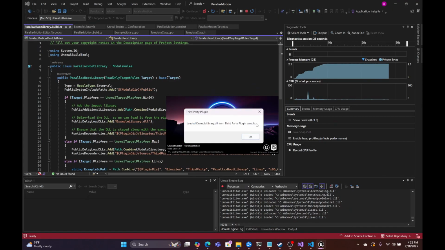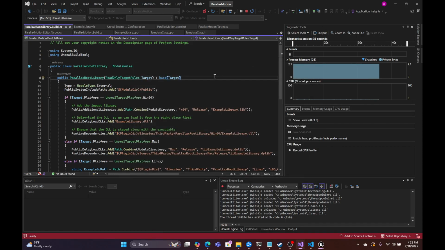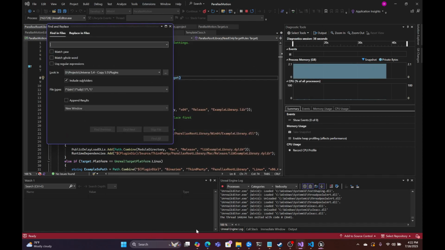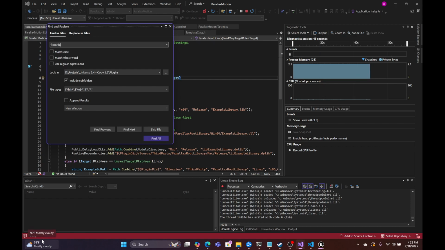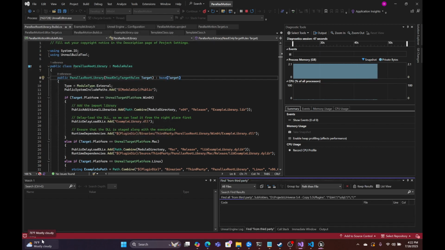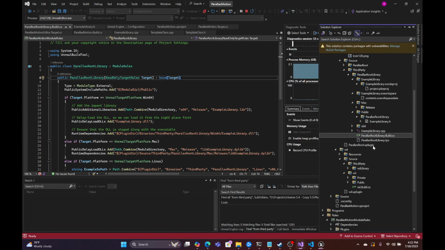Yeah, here it is. Okay, so loaded example library DLL. Or actually, let's do Control Shift F from third party. Where is that message coming from?